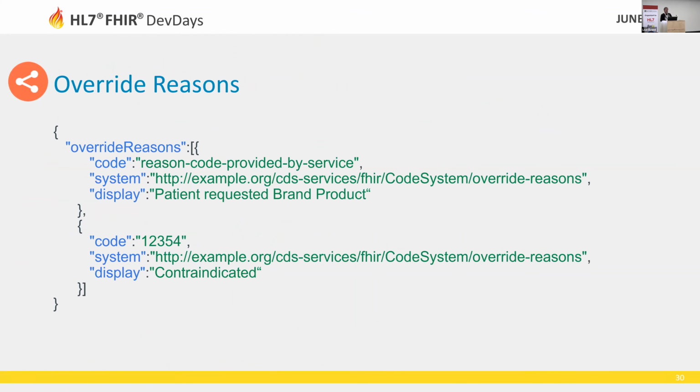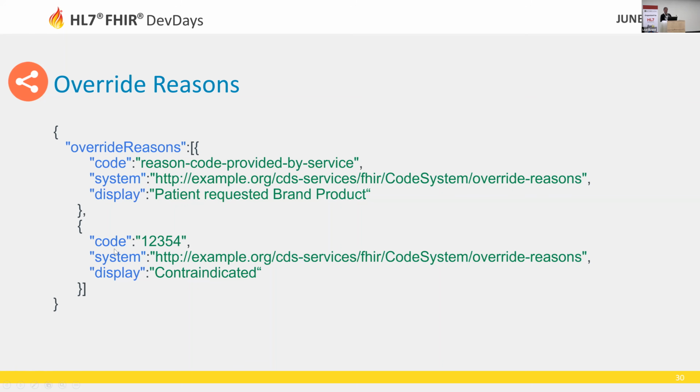So looking at override reasons, this is an example of an override reason provided by the service as part of the response. So when the service returns the card, it can say, and here are possible reasons that the clinician could provide for overriding. If you're familiar with the FHIR codable concept, the structure is intentionally the same. This is part of the CDS hooks request response JSON, but that actual structure mimics a FHIR codable concept on purpose, so that that's as easy as possible to interoperate with.